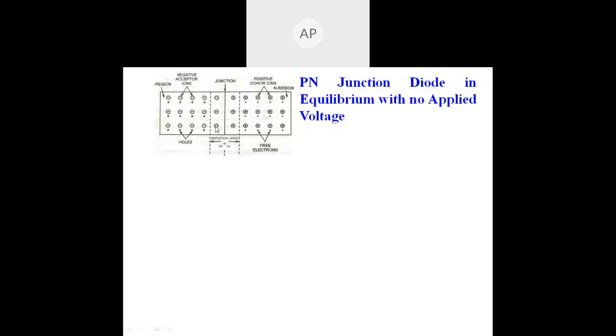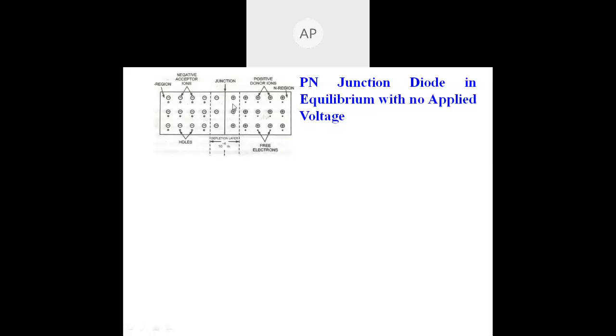Similarly, on the P side, where holes are combining with the electrons, they are accepting the free electrons. So they are acceptors, and as acceptors they create negative ions near the junction. This is the explanation for one combination.